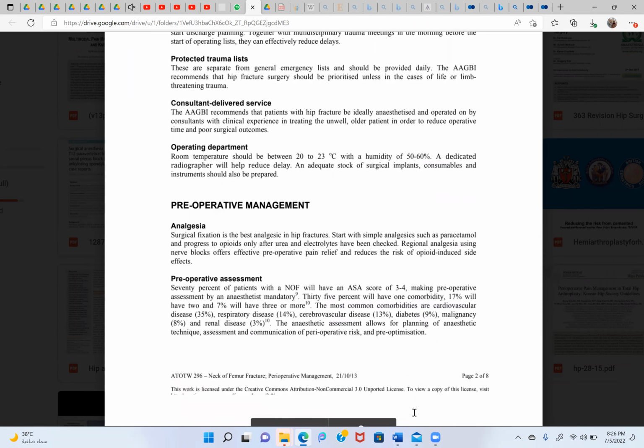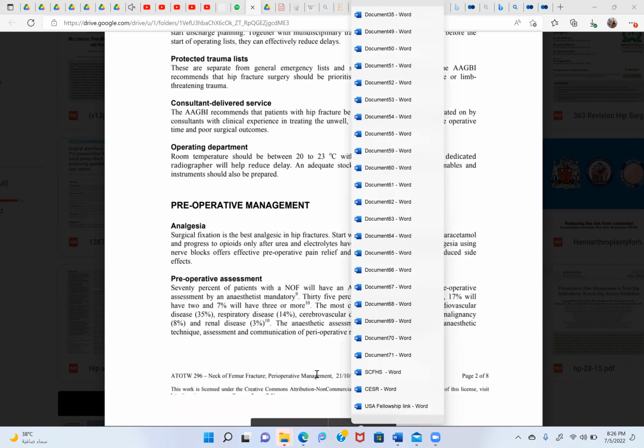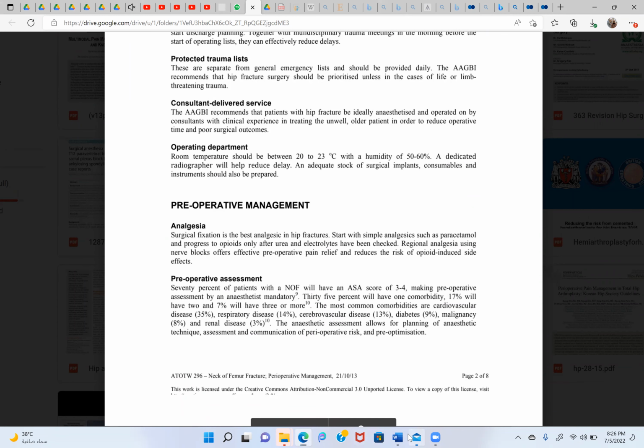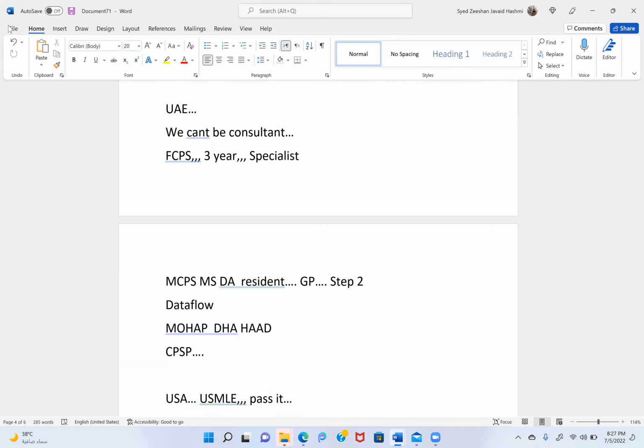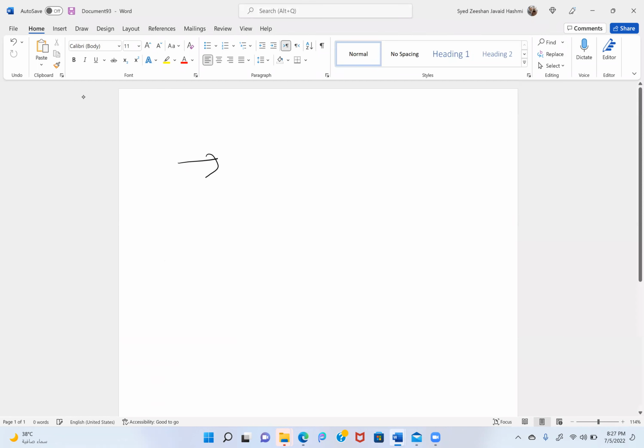So now if we just have a look at different analgesia options. If I ask you what will be the different analgesia options, how will you chalk out? How will you make a list? Opioids. Okay. Paracetamol.